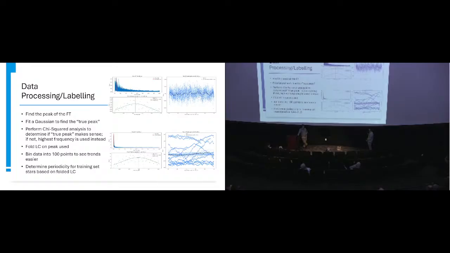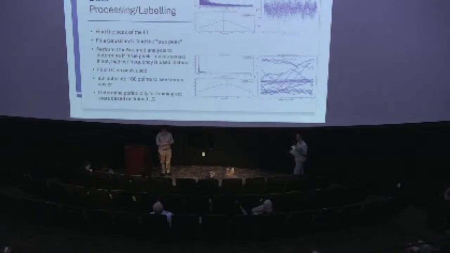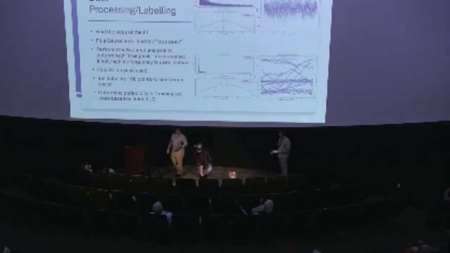Okay, thank you very much. Okay, so we're going to move on to our next speaker, which is Corey Jones. You want to come up? Get your talk ready. So Corey's going to talk about modeling dusty shells surrounding Wolf-Rayet binaries.